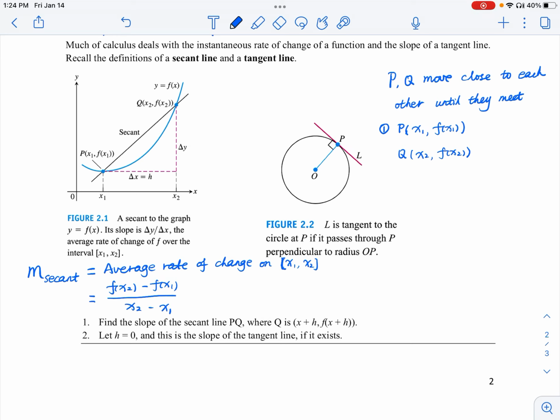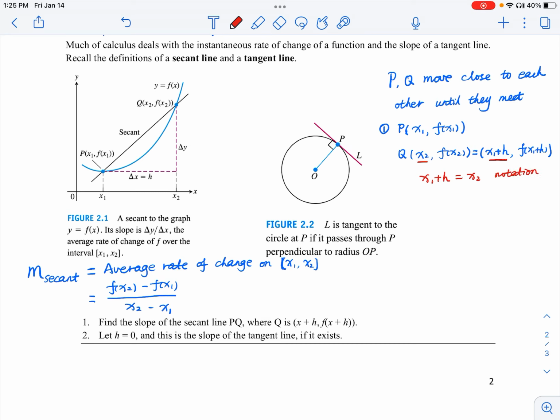We consider the change from P, so we can make it as x1 plus h. Then the value of the function should be f(x1 plus h). So here, don't get confused. It's basically just notation. We use x1 plus h to represent x2. It's just some notation.